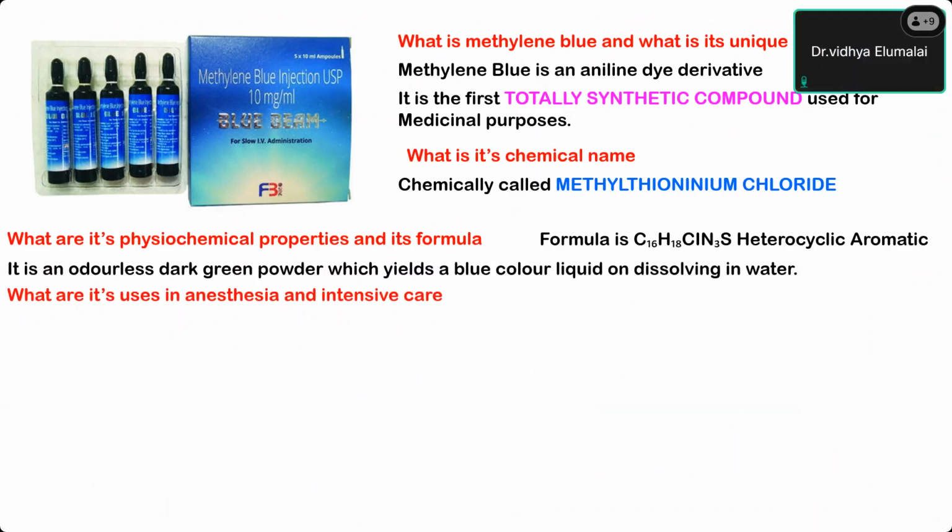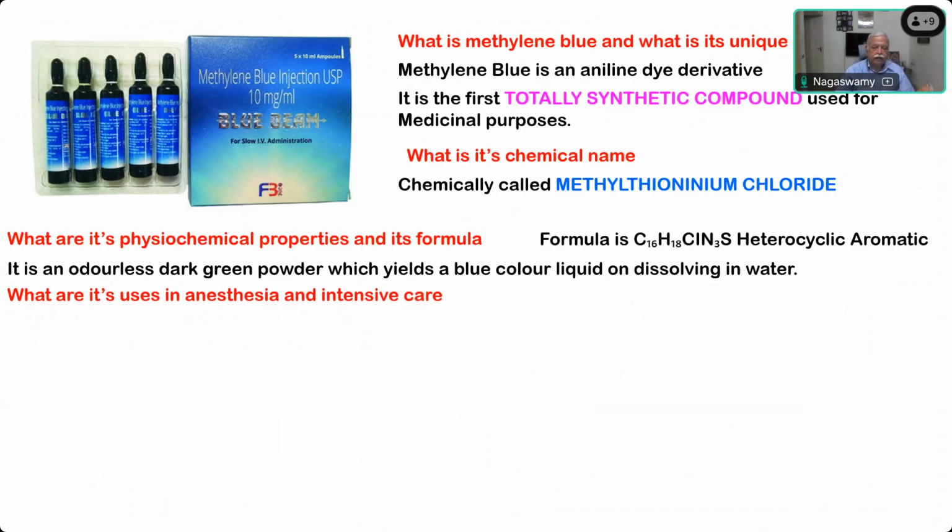It is used as an indicator in several procedures. Indicator dye. Okay. You can use it for identifying a vesicovaginal fistula, or a tract in a bronchial cyst, any leak or rupture.